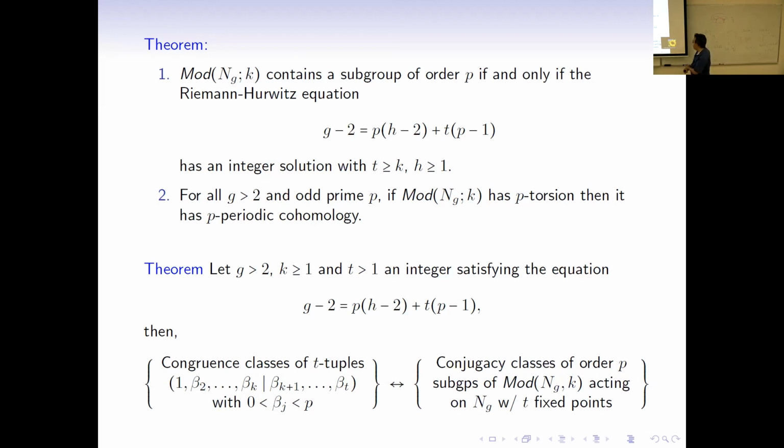Whenever you have those conditions, what you can show is that the conjugacy classes of order p subgroups in the non-orientable mapping class group with k marked points acting on the surface with t fixed points are in one-to-one correspondence with these congruence classes of t-tuples given by the fixed point data.